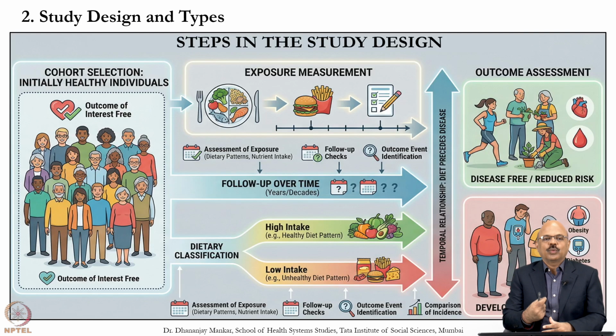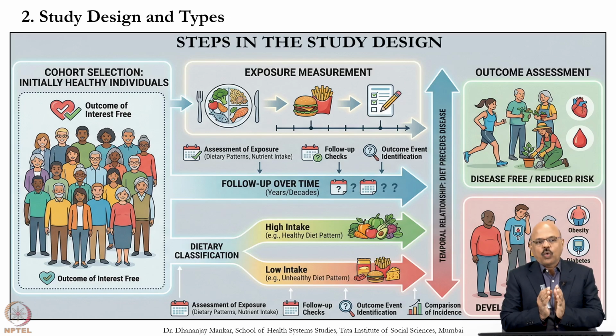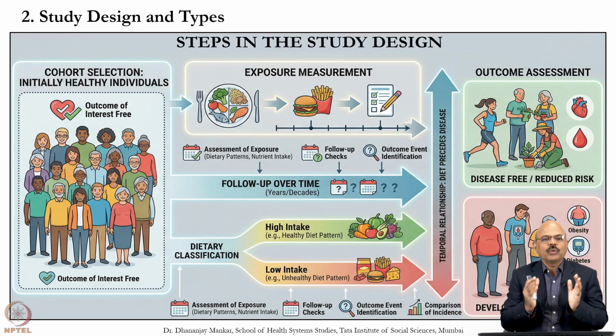Let me take you through the steps in the study design. As we understand, the cohort selection initially among healthy individuals is very important, free of the outcome of interest. A larger group of the population is then taken with the exposure measurement, whether it is a complete diet, from veggies to the inclusion of non-vegetarian food and cereals, versus sprouts and protein-rich components, versus fast food, fatty, spicy or even nutritionally poor food.